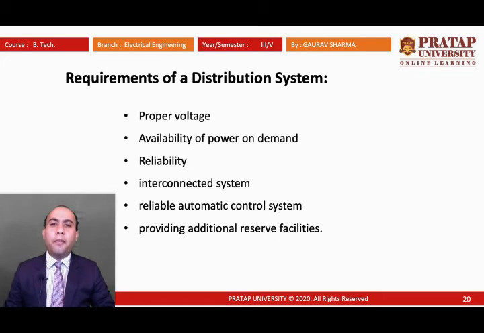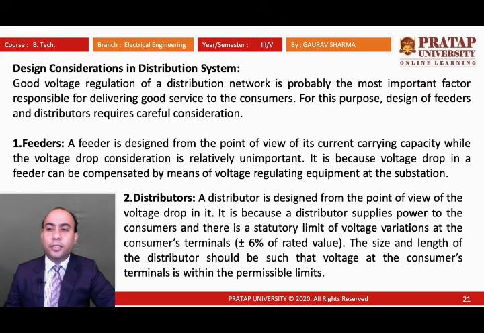Third, reliability: power should be reliable and available continuously, so an interconnected system should be there. If power is required at any time, we can get it. Then an automatic control system, and finally the provision of additional reserve facilities. These are the essential requirements of a distribution system.